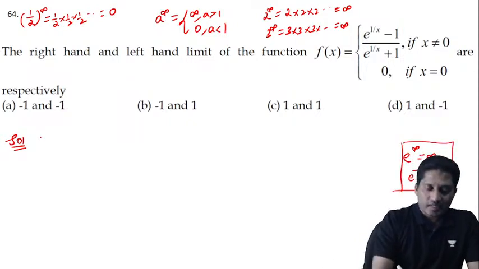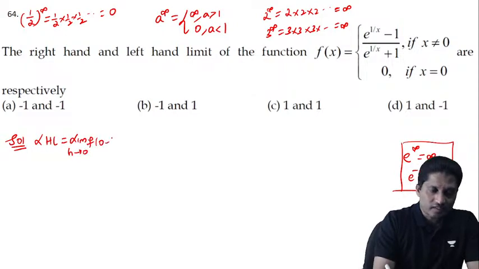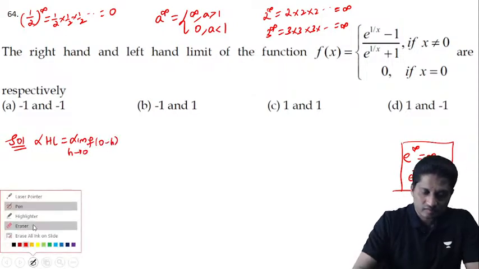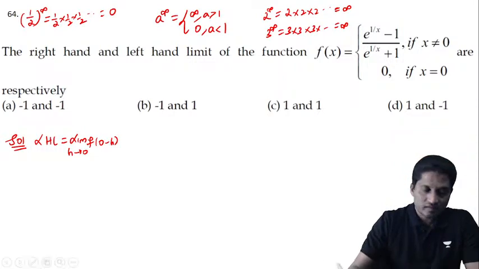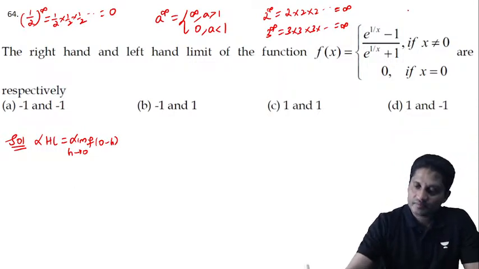Right now, if I take the left hand limit, this is limit h tends to 0 of f of 0 minus h. I'll write here e to the power infinity is equal to infinity, e to the power minus infinity is 0.